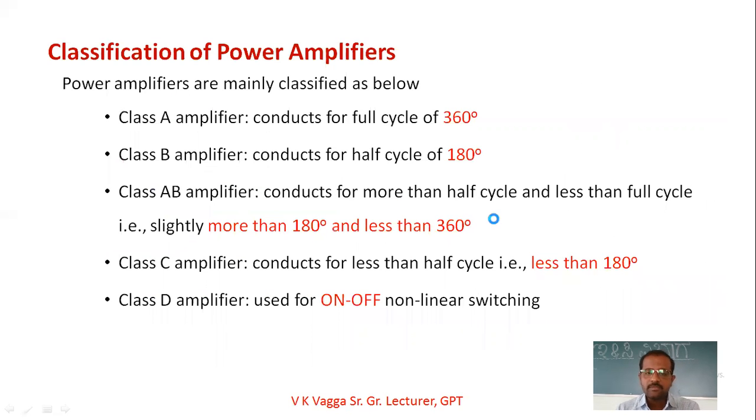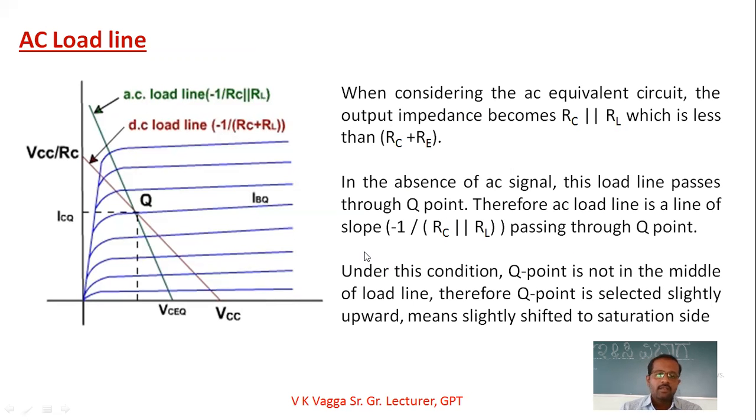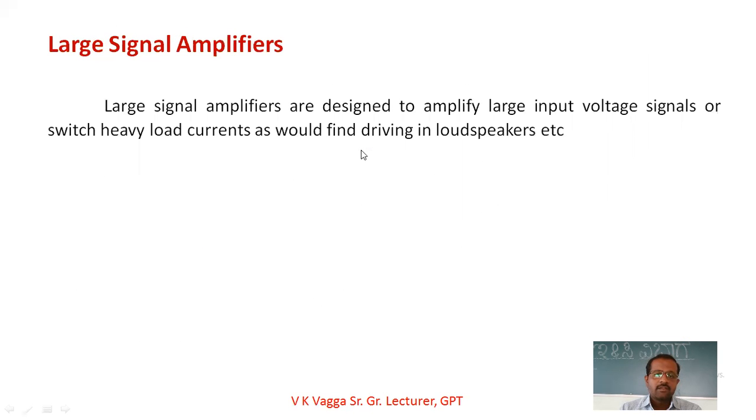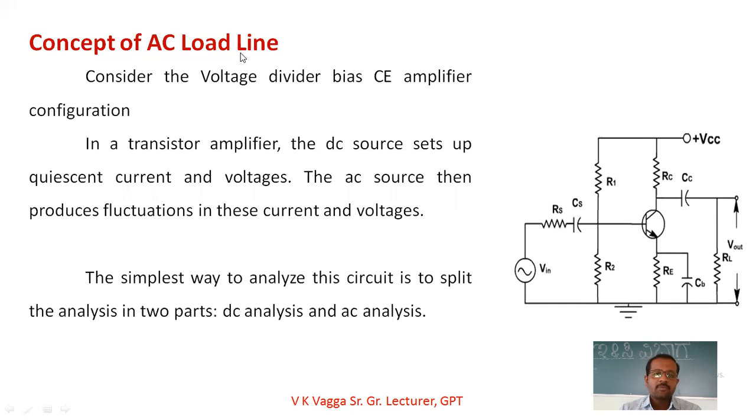I'm going to repeat in brief, once again. The large signal amplifier takes input of large voltages, and the concept of the AC load line depends on the AC voltage applied and also the DC voltages applied.